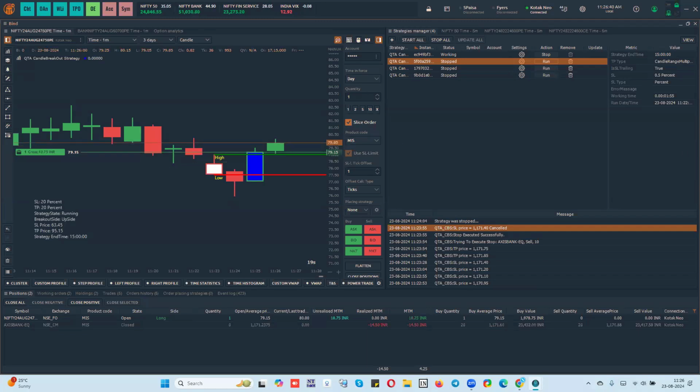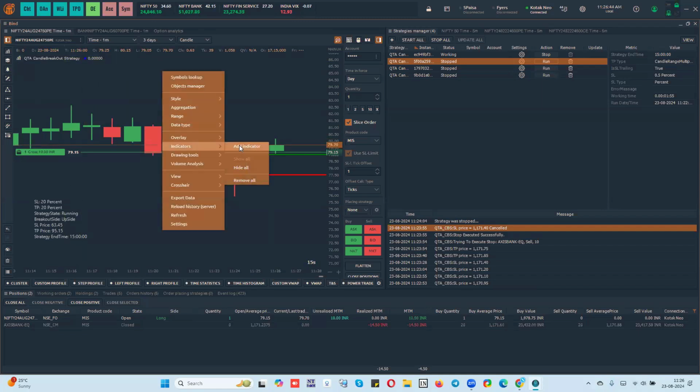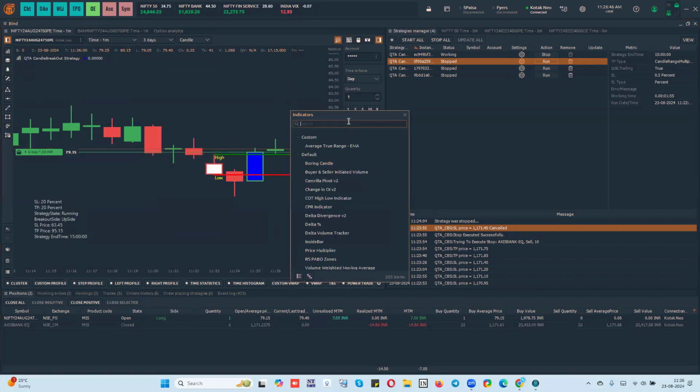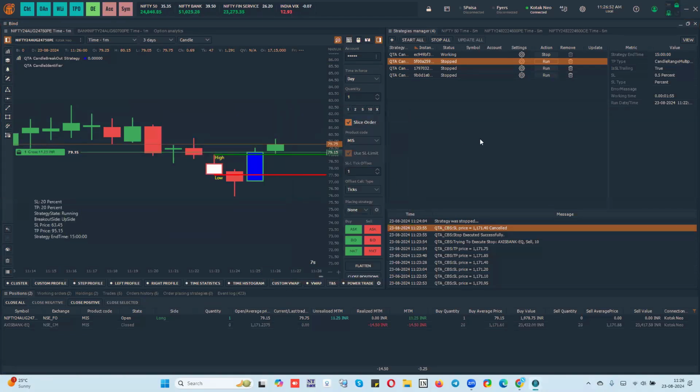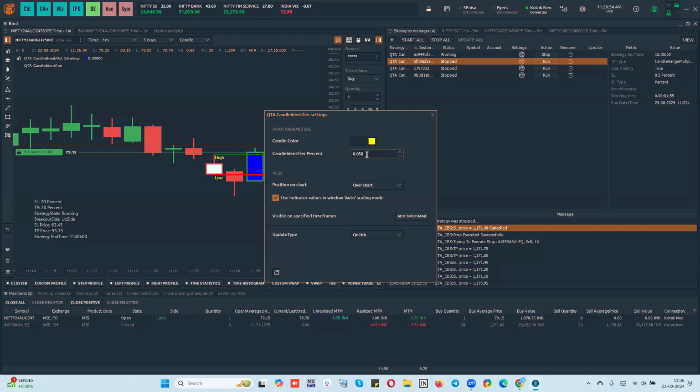Another thing you can do is color the strategy based on the candle size. There is something called the candle breakout candle identifier, wherein you can set a particular candle size less than, say, 1% or half percent or 0.25%.